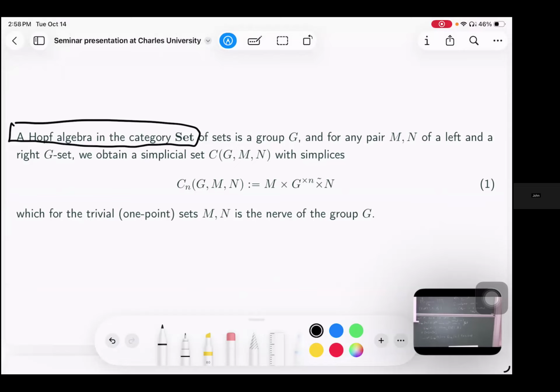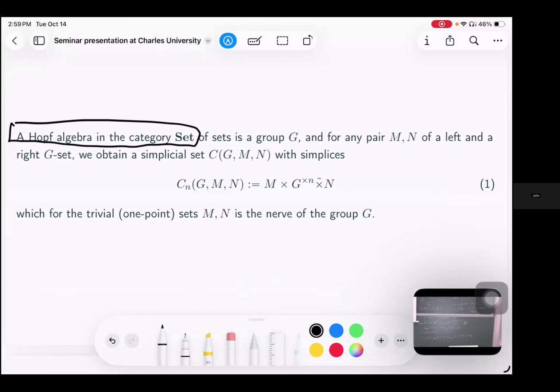So the inverses which you saw, yes, I'm applying the antipode, and then applying the coproduct, I mean the coalgebra, which spits out the g cross g and so on. Yes, I'm just doing Hopf algebra, but in the category of sets.